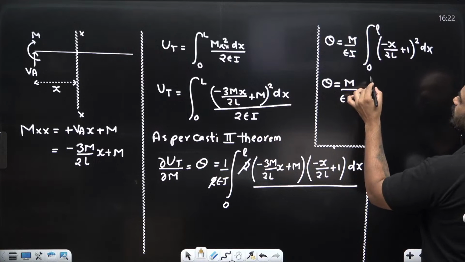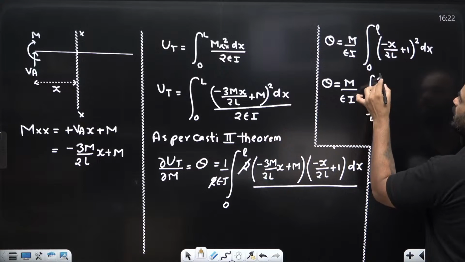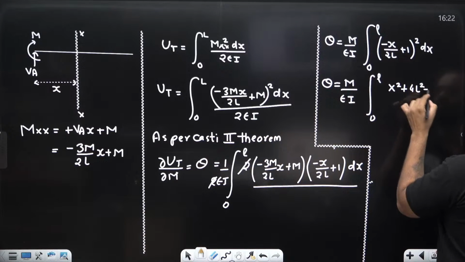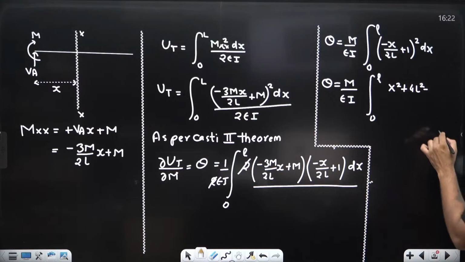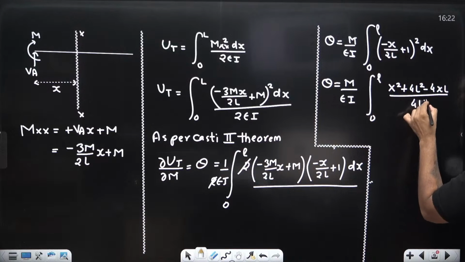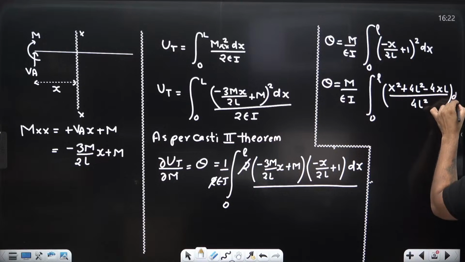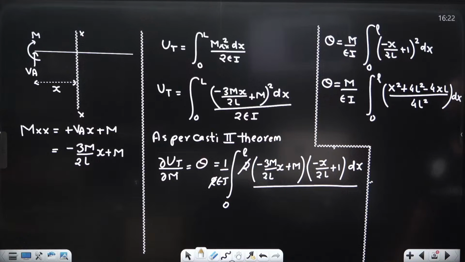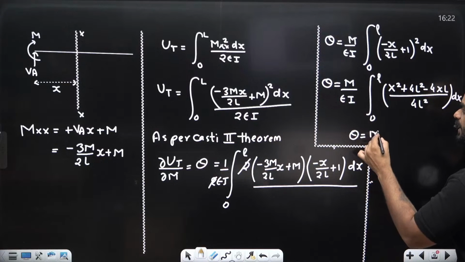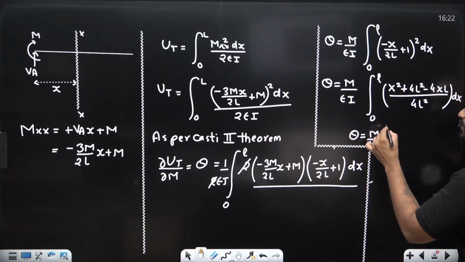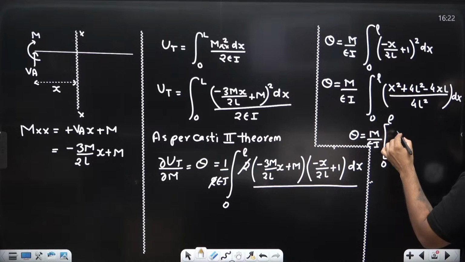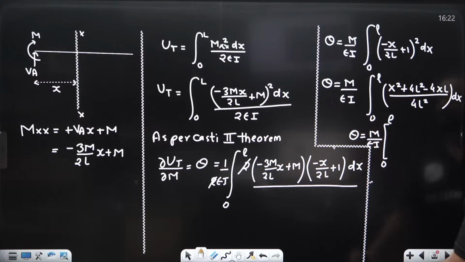Now integration 0 to L. This will become x square plus 4L square minus 4xL divided by 4L square. Then you need to write dx. Okay, sir. So theta is equal to how much? It is M by EI, 0 to L, right? Put it. So how much you will get?